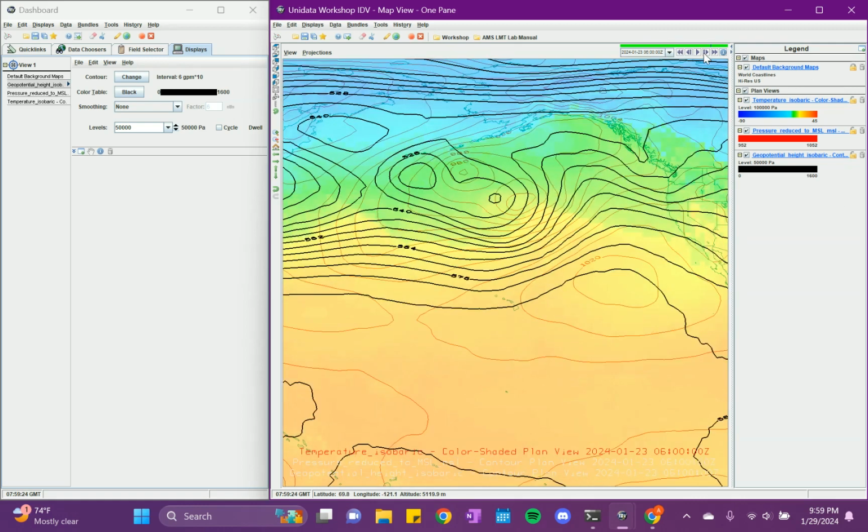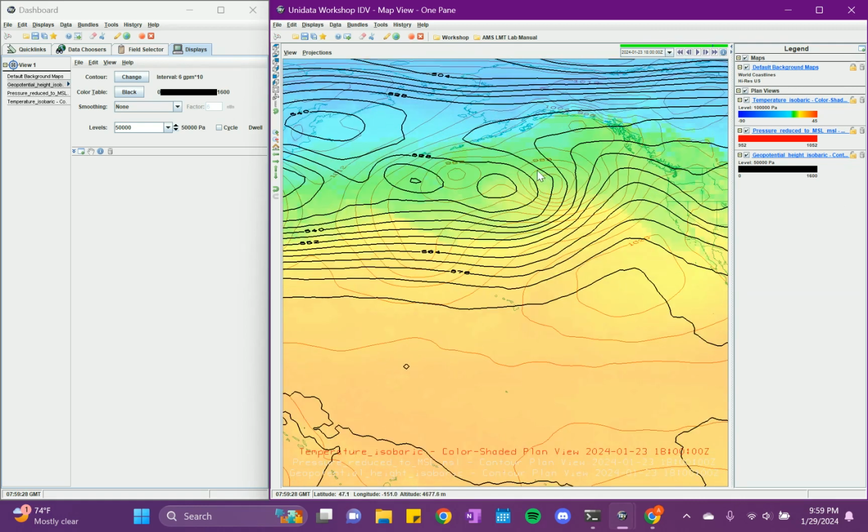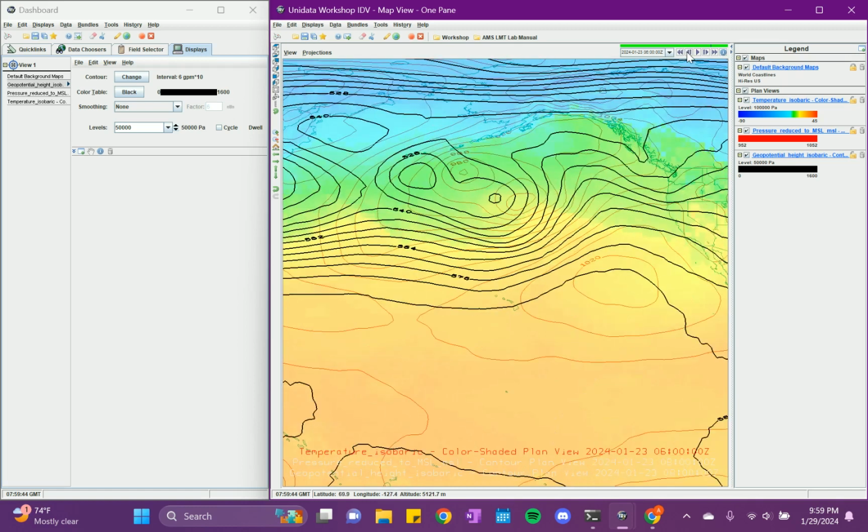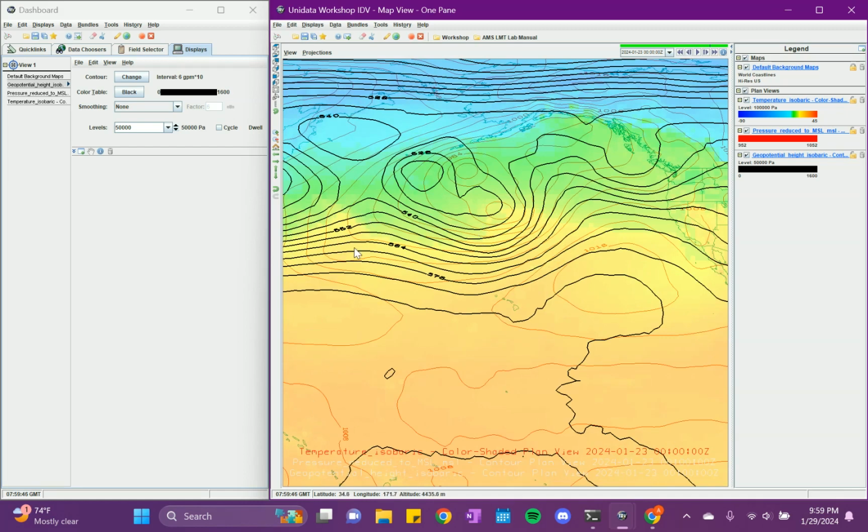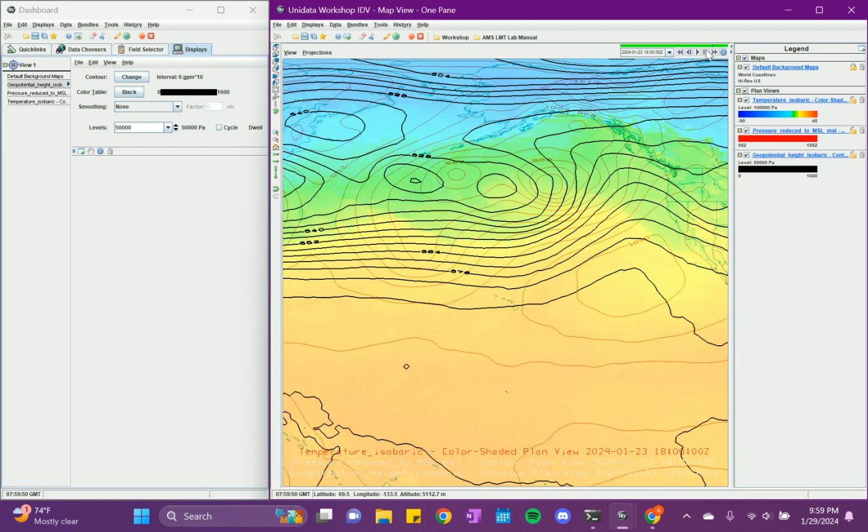Moving forward another 24 hours, that trough we were looking at before, or the low pressure system, has now moved closer to the west coast of the United States, and that trough we mentioned earlier that developed behind it has now developed into a stronger storm.